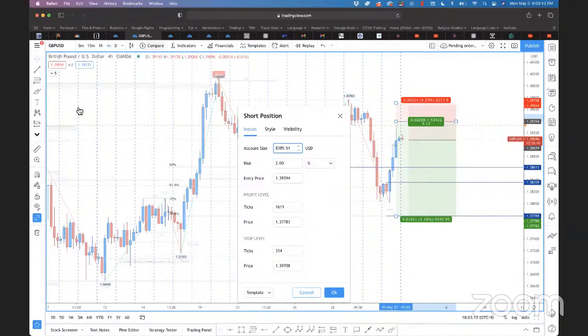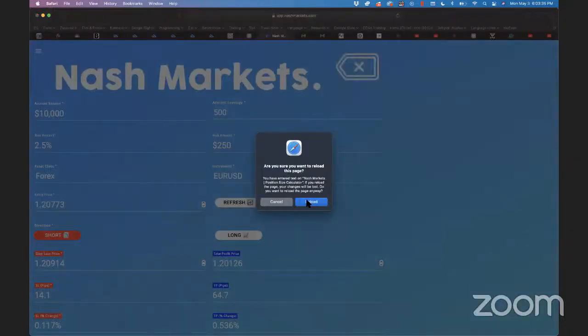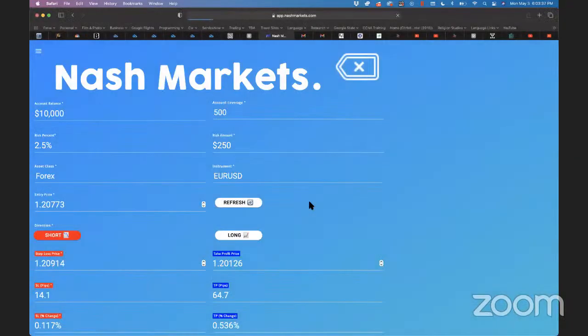Anyway, again, I get my trade set up with the stop loss and targets, and then I get the entry, the target, and the stop loss price. After that, I go to this website and put in everything I'm looking for on this particular trade.